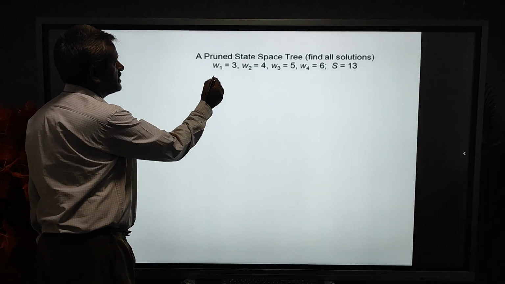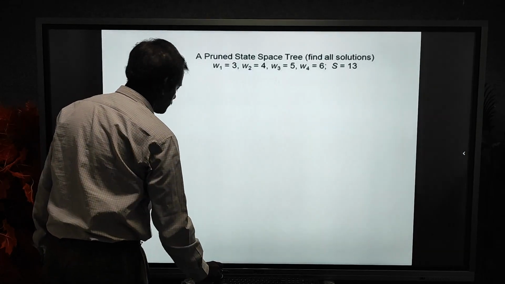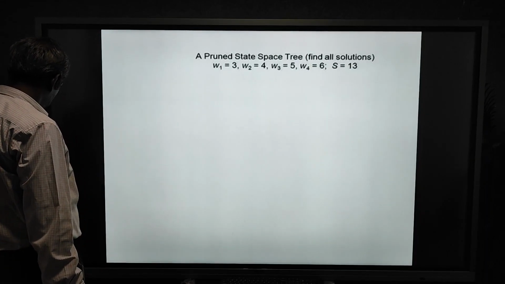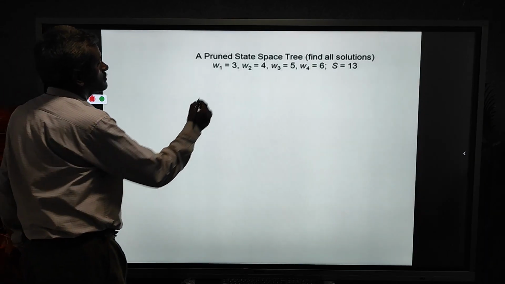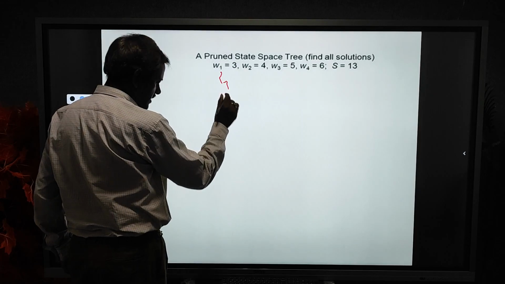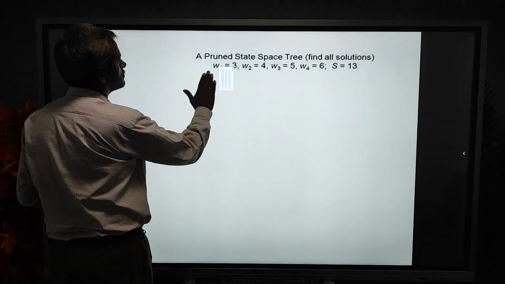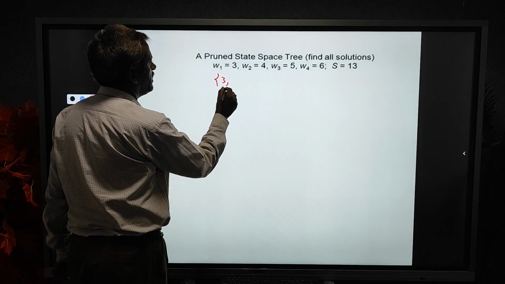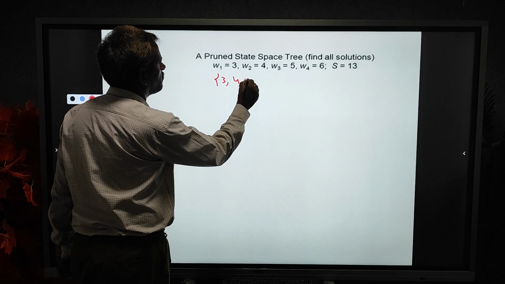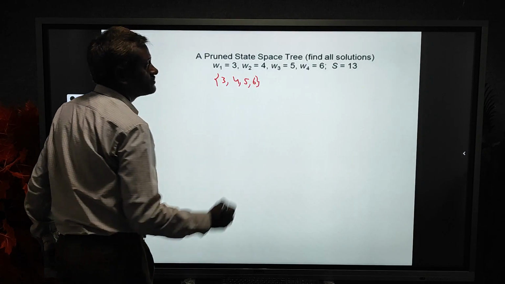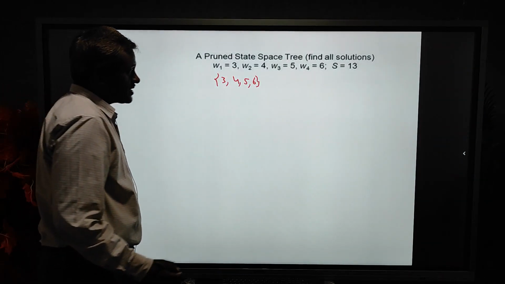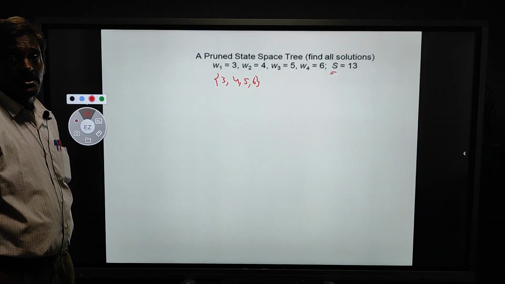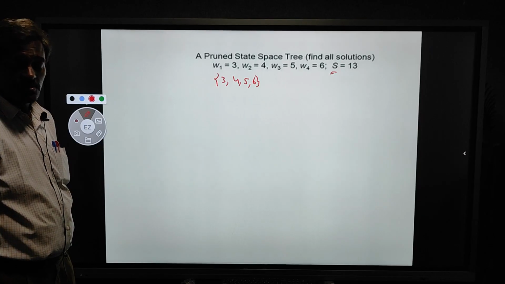The set is 3, 4, 5 and 6, and the sum we have to get is 13. We will check out through backtracking how you get the solution.